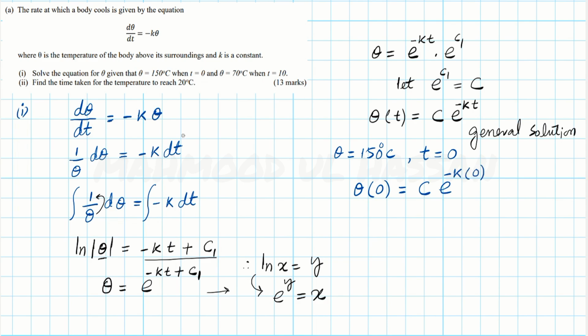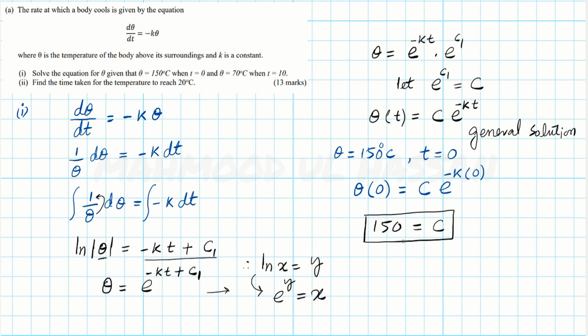Now putting the value of theta at 0, that is 150 degrees Celsius, that becomes 150 equals C times, and now e raised to the power 0 is 1. So we got the value of C, that is 150, right?